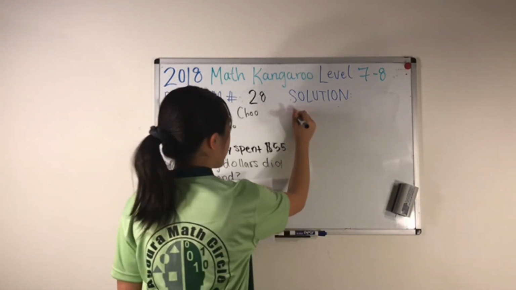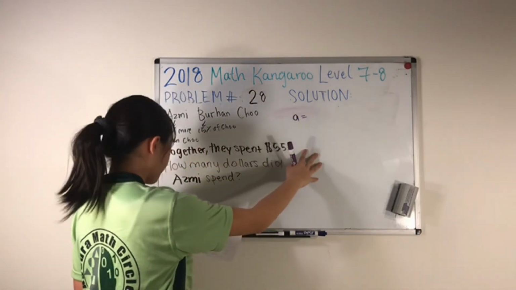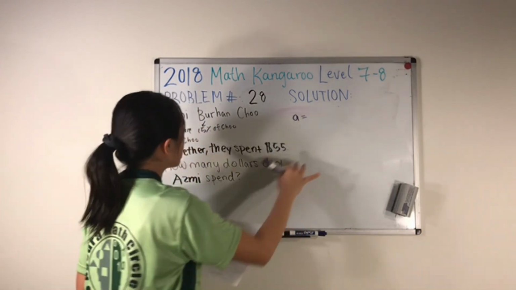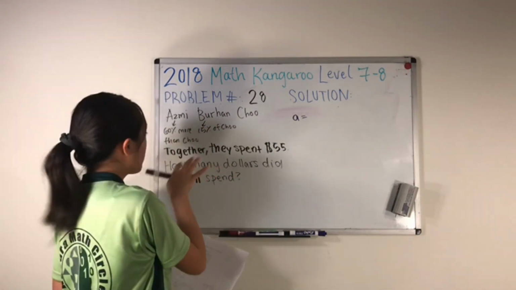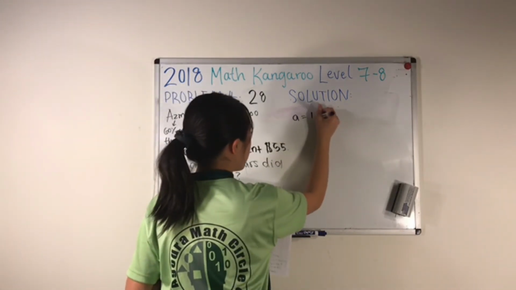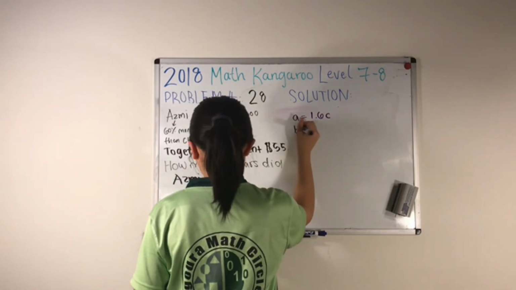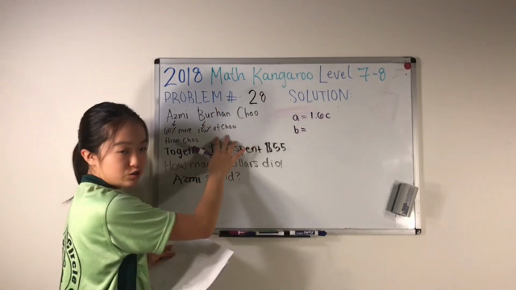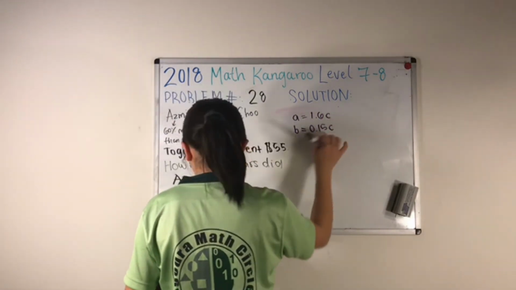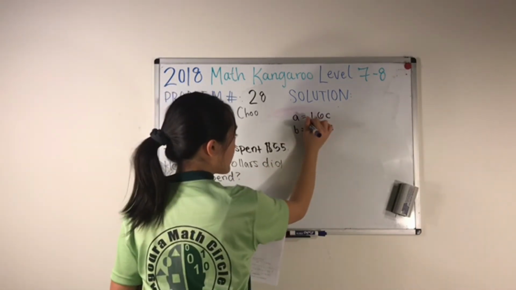So we know that the amount of money Azmi, A, spent is equal to 1.6 of C, because he spent 60% more, which means he spent 160% of what Chu spent, and that is 1.6. And C is Chu's amount. Now what Burhan spent is 15% of what Chu spent, so that's 0.15 times C. Let's add these two equations together.